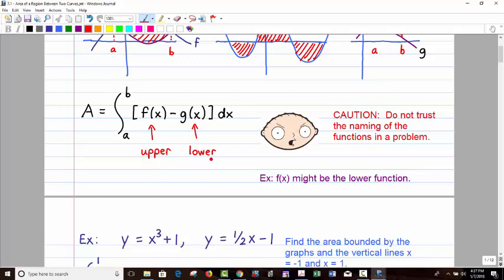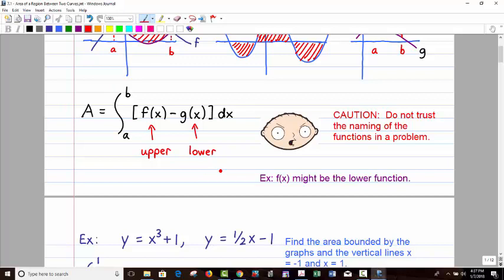That's a little more accurate, meaning on that region, one of them needs to be the upper, the higher y value, than the lower. So the naming of f and g is irrelevant. It's whichever one's upper minus lower, and that's the little warning Stewie's giving us right there. It's possible that if they name two functions f and g, it literally wouldn't be f minus g.